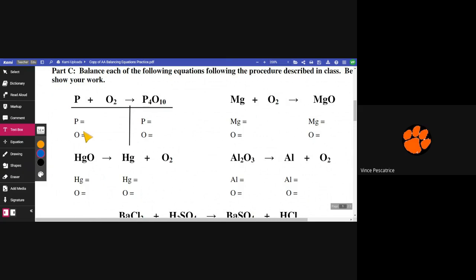So P on the reactant side. We're only counting elements that are on the left side of this equation right now. I have P, I have 1. And then I have 2 O's. Anyone not see how I got that?